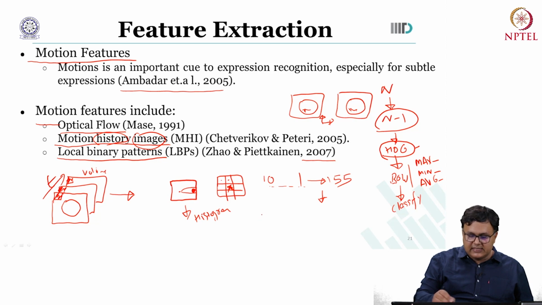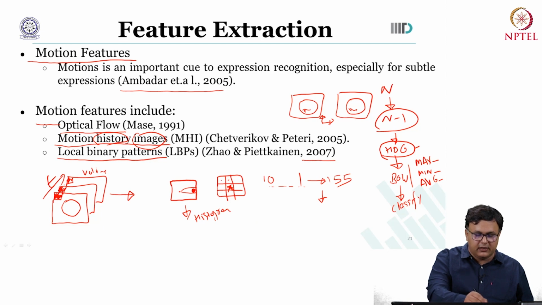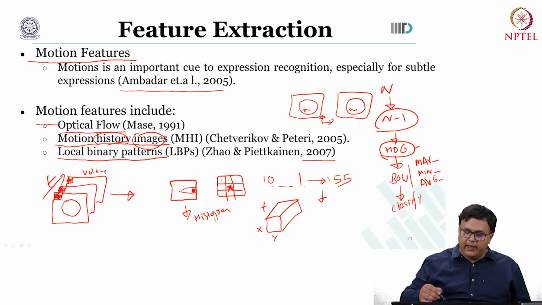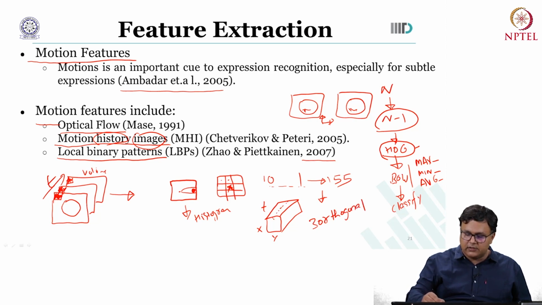So what I'm going to do is, let's say I take again this non-overlapping block, first block of my first frame, then I take for the second and third frame, and I have this sub-volume. Okay, so I'm going to draw this sub-volume. So this is X, this is Y, this is T. They said, well, let's divide the volume into 3 orthogonal planes. What that means is, let's say I have this frame here, which is your XT.